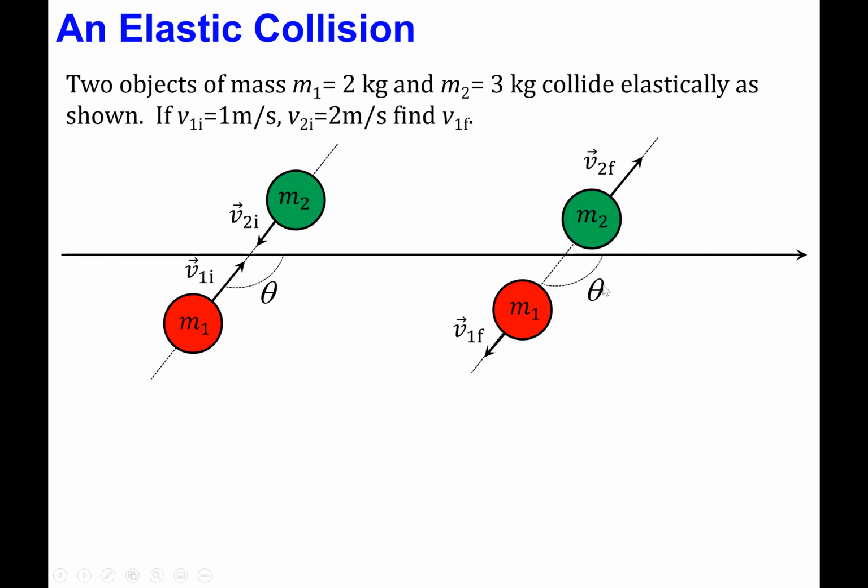Well, the final scenario looks very similar, but of course, M1 is going in the opposite direction to its initial incoming direction. M2 also is moving in its opposite direction to its initial incoming direction. And we take this angle to be the same as the initial angle. So the orientation of this interaction is the same as this one.